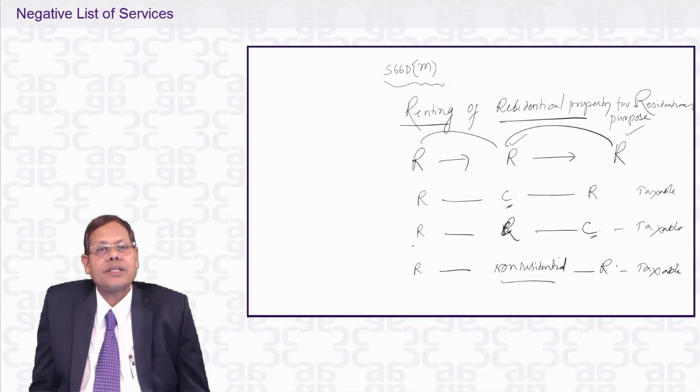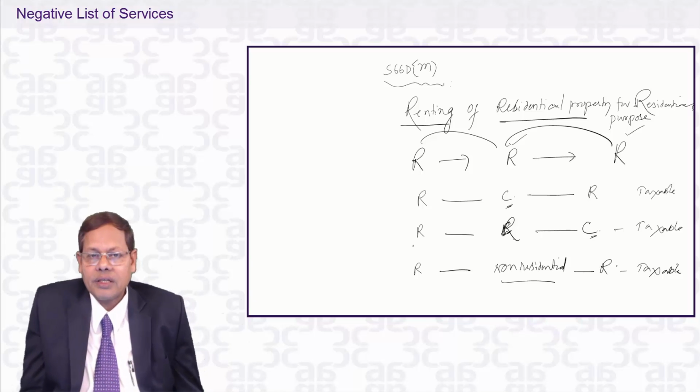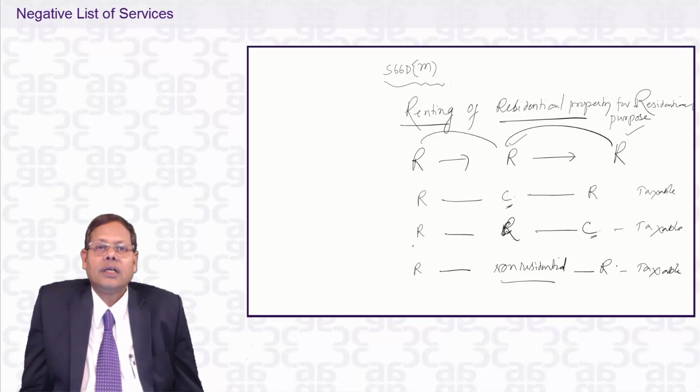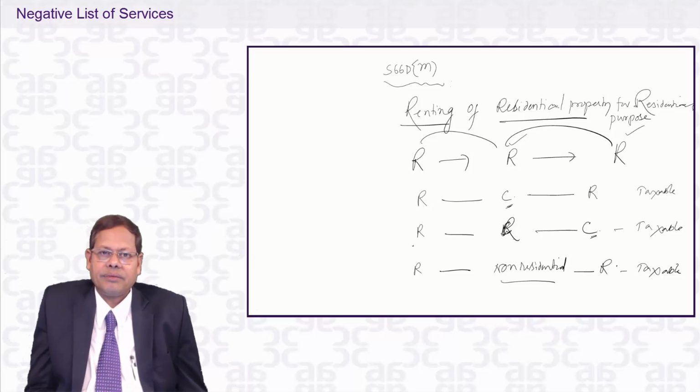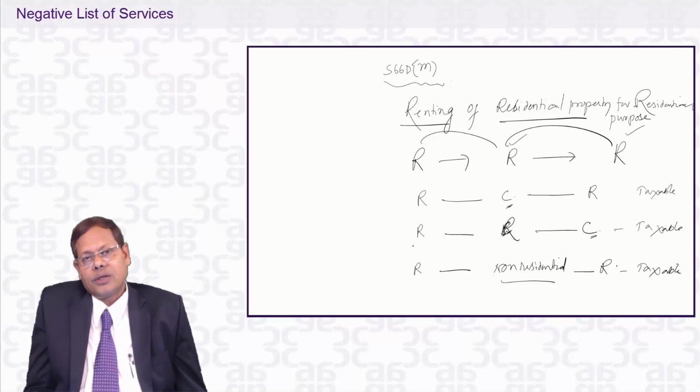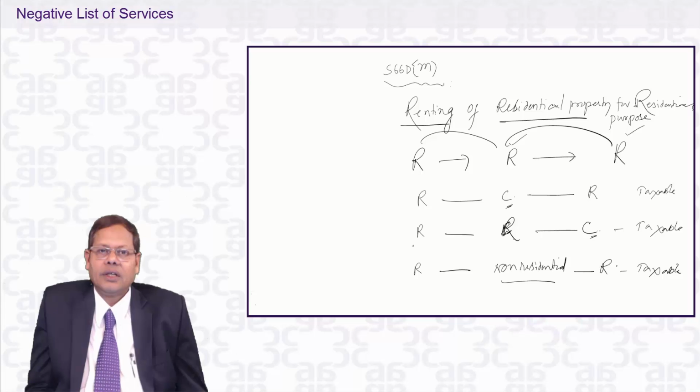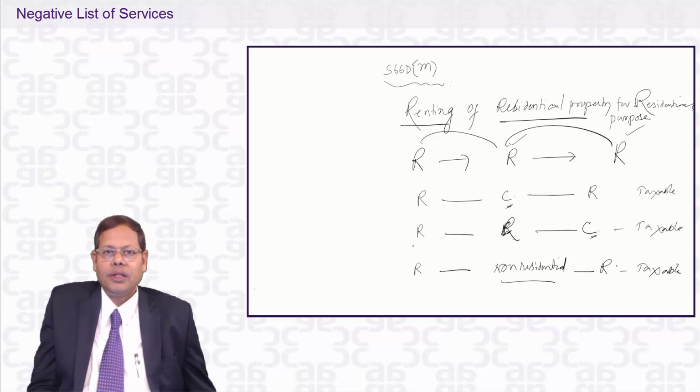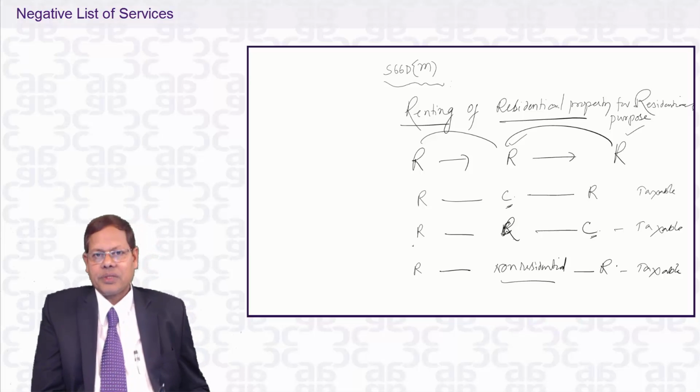Hotel, inn, etc. If you give it away on rent, daily rent below 1,000 rupees, it is exempt. Below 1,000 rupees per day, it is exempt. If it is 1,000 rupees and above, then it becomes taxable.